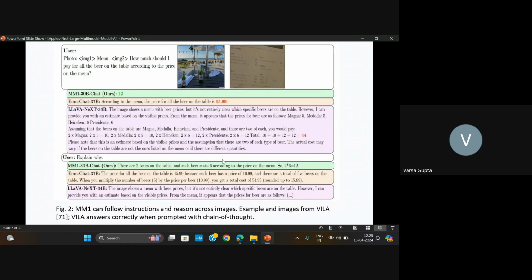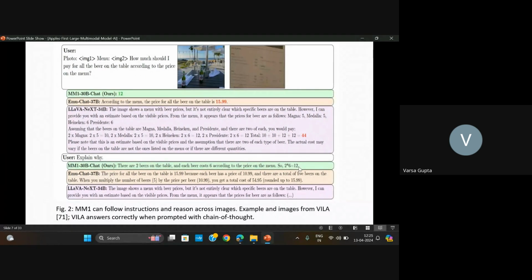The user asks a second prompt: explain why. The MM1 model is able to give the correct explanation: there are two beers on the table, and each beer costs 6 according to the menu, so 2 times 6 is equal to 12.